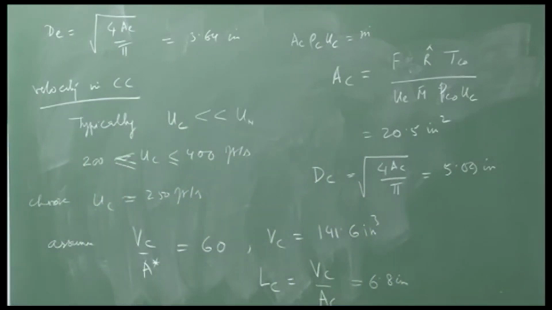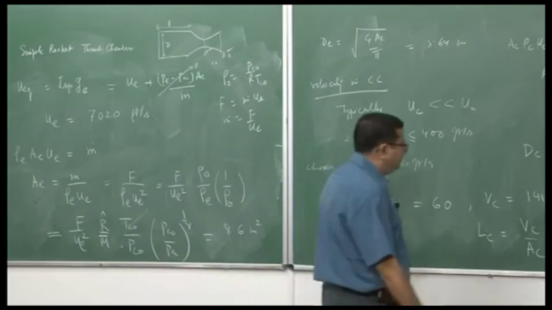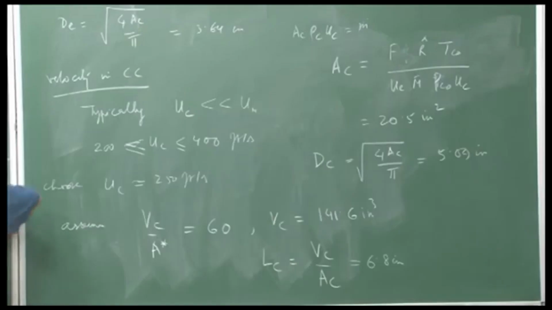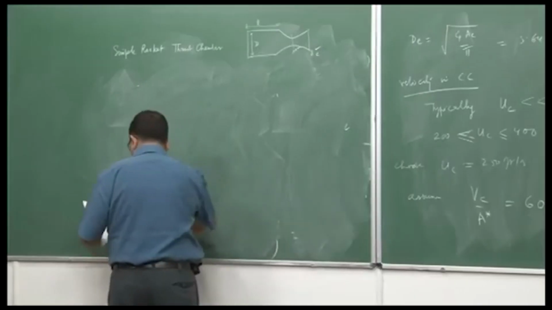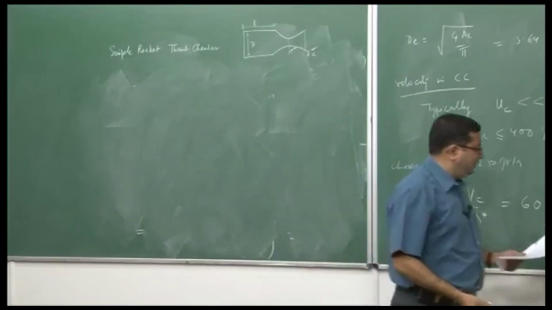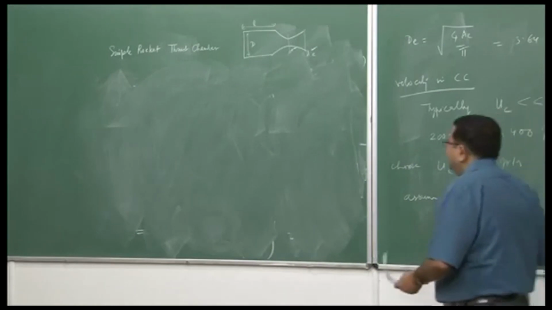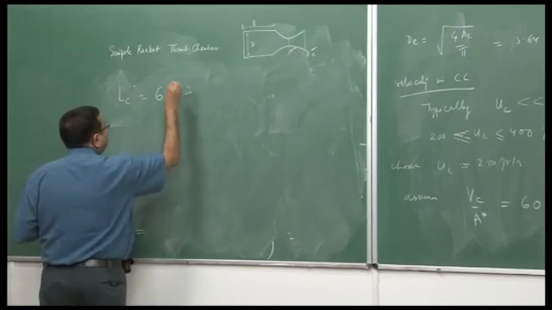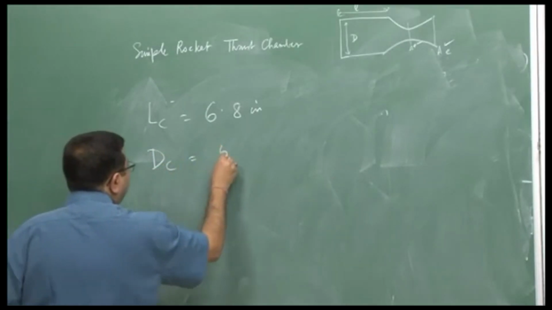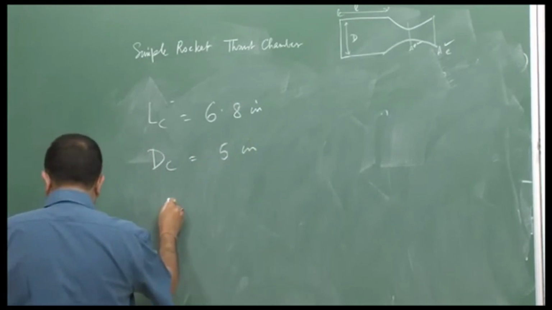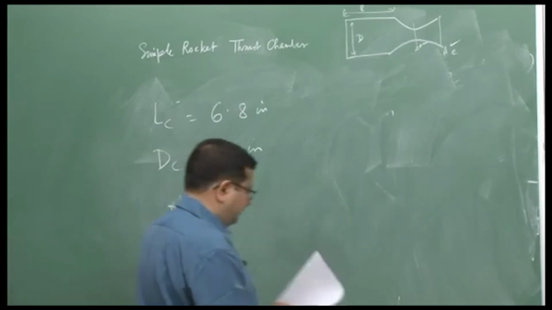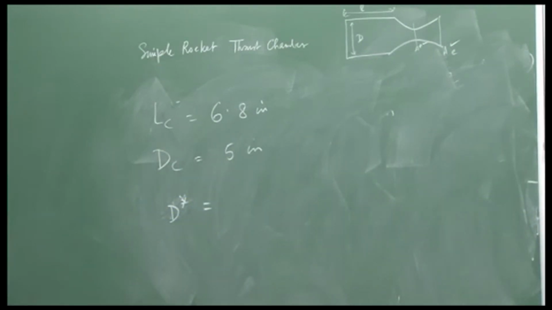So, if I draw the schematic now with the proper dimensions, first let me write down these dimensions. I will try to make it as much to scale as possible. So, first let me write that the length of the combustor I am getting is 6.8 inches, the diameter of the combustor is about 5 inches, the throat diameter was about 2 point something, right.